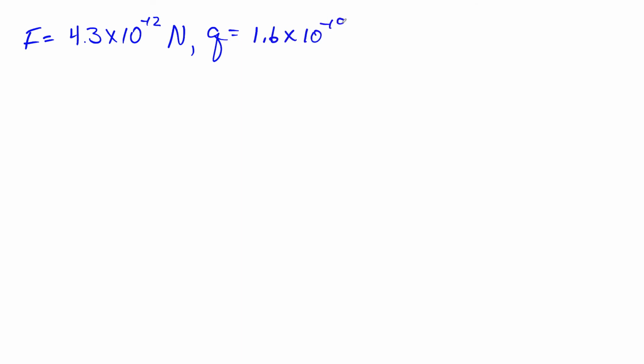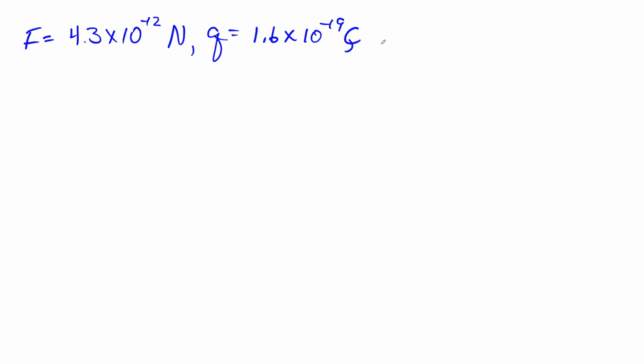All right, let's go ahead and try to solve this. F is equal to 4.3 times 10 to the minus 12 newtons. Q is equal to positive 1.6 times 10 to the negative 19 coulombs.